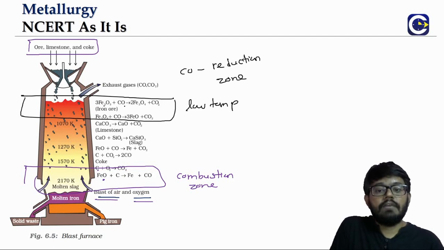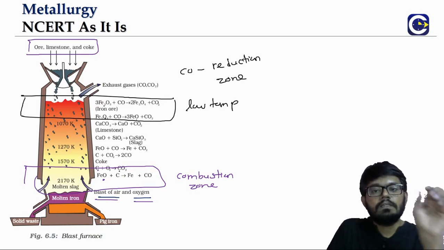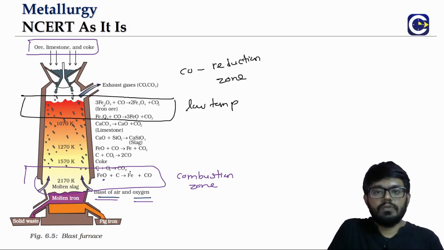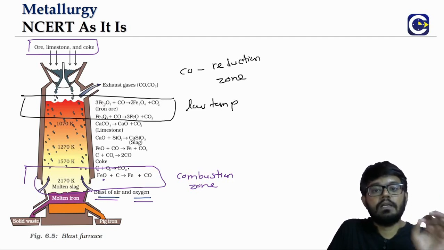So you see here, Fe2O3 will get reduced to Fe3O4. Fe3O4 will get reduced to FeO. So this is how we are getting the FeO, and those FeO will start coming down. So at low temperature, CO will act as a reducing agent. That is the reason why sometimes, in the blast furnace reduction of iron, we call CO the principal reducing agent. While we say coke reduction, the substance that acts as the principal reducing agent is carbon monoxide.